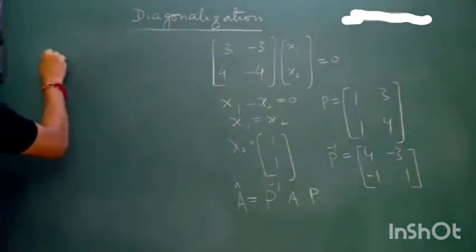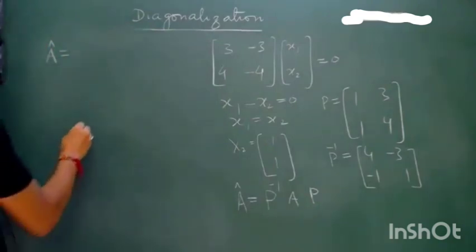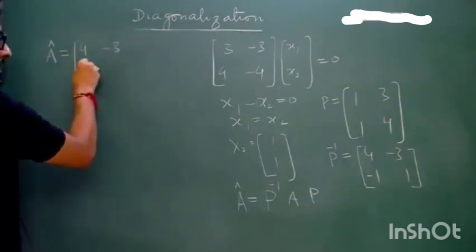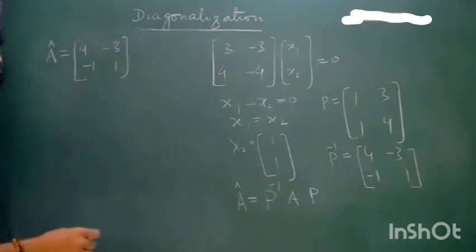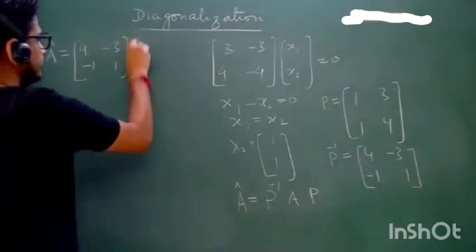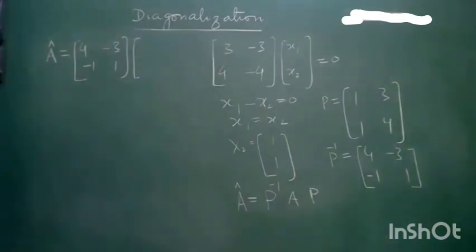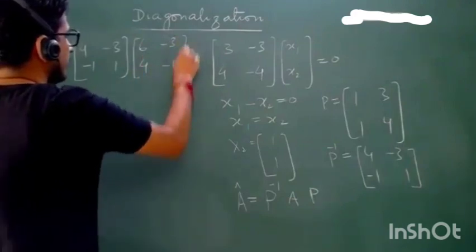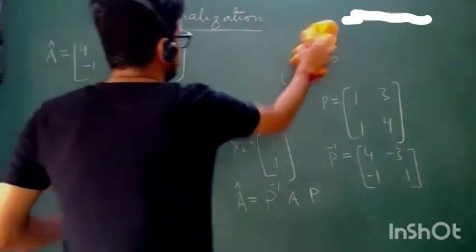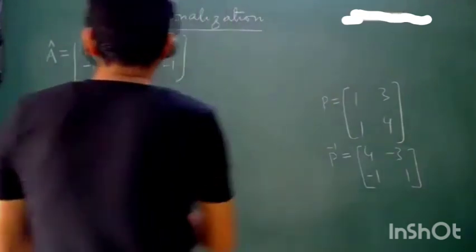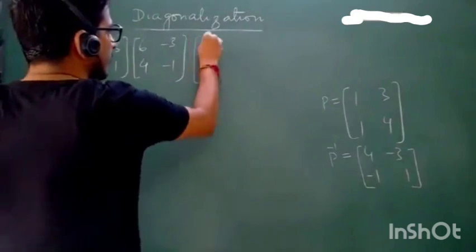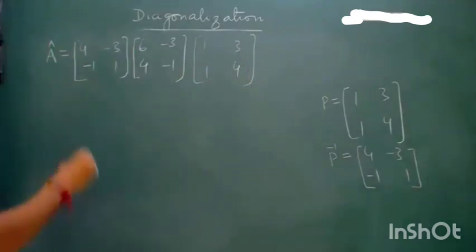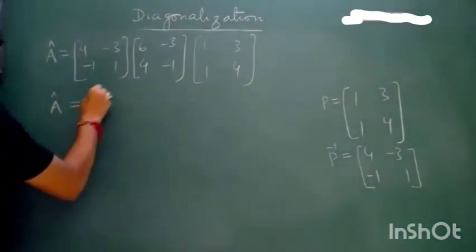So A cap will be equal to P inverse, which is 4 minus 3 minus 1, 1, into A. What is A? 6 minus 3, 4 minus 1. And then the value of P, that is 1, 3, 1, 4. So A cap will be equal to, write it quickly, multiply it.